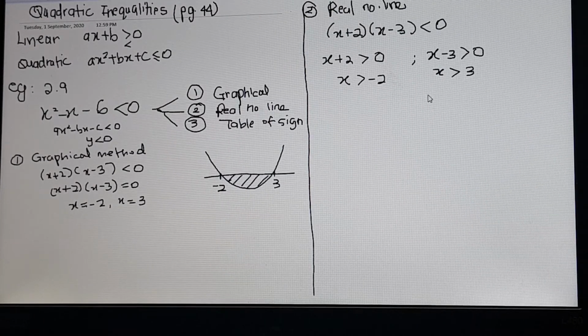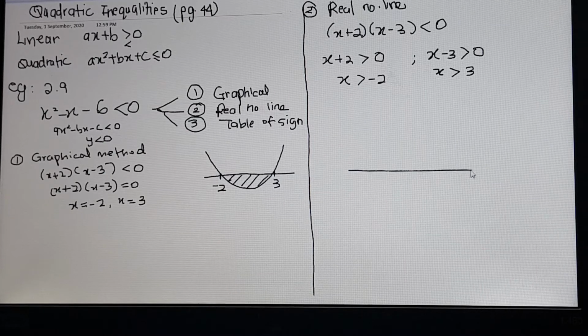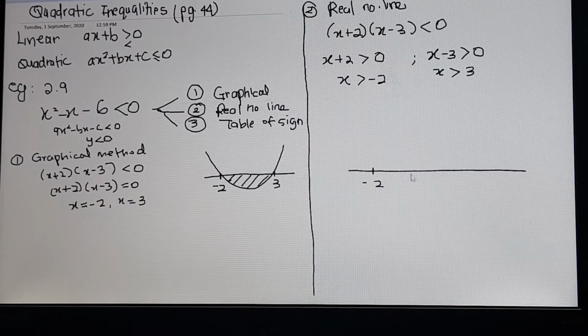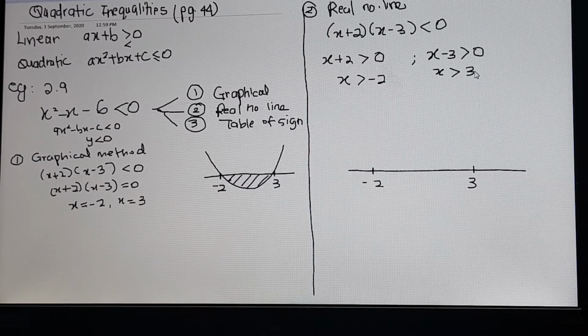Alright, once you have these 2 points, you draw a real number line. You have the first value negative 2 here and 3 here. As it was discussed in chapter 1, you know now how to draw a real number line. Now the first one, x greater than negative 2.